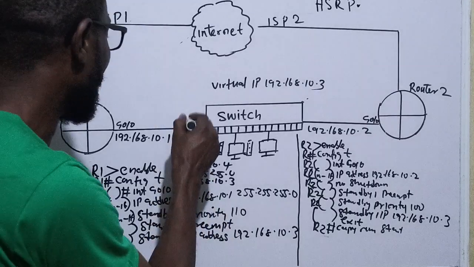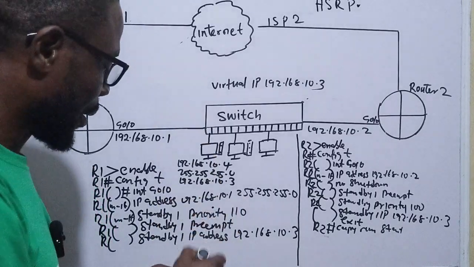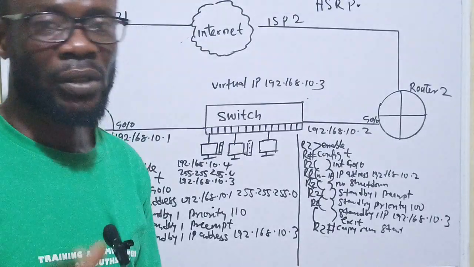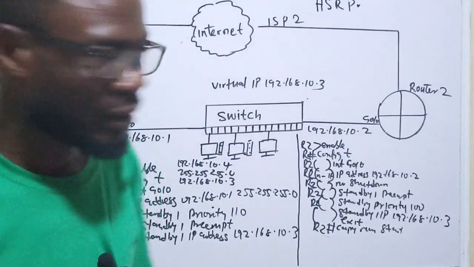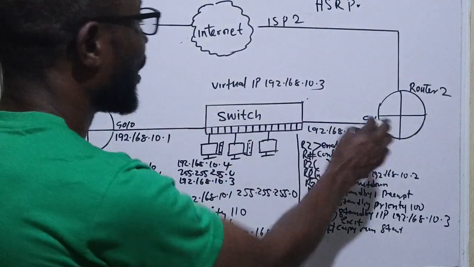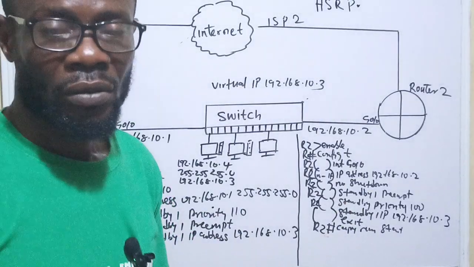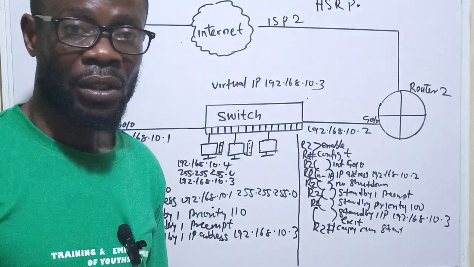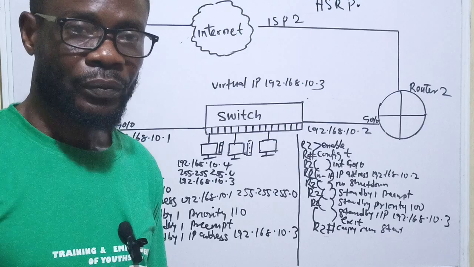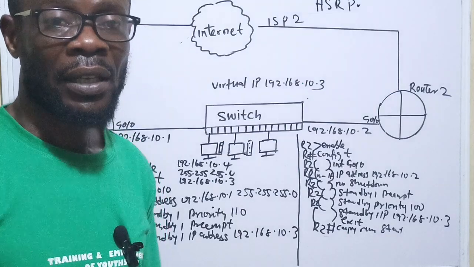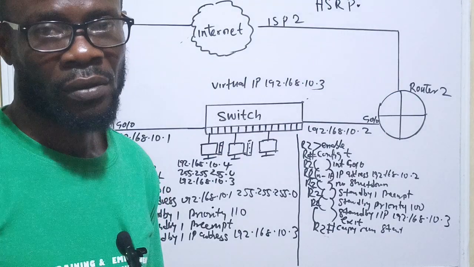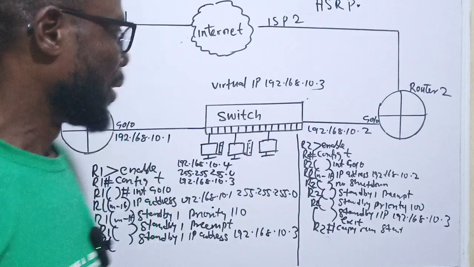So when this link goes down, it happens automatically, because there are hello messages. This router and this router will be sending hello messages every 3 seconds.